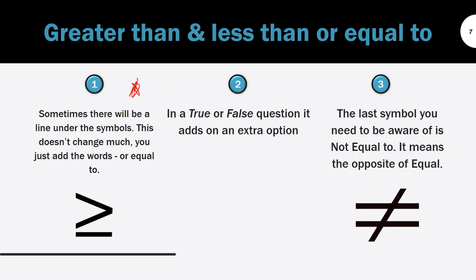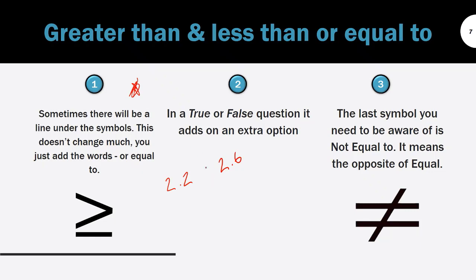So if I have a question that looks like this, let's just say I've got 2.2 is less than or equal to 2.6, basically all I'd say is that that is indeed true. All we do is we add in the word or equal to. Okay, so 2.2 is less than or equal to 2.6.